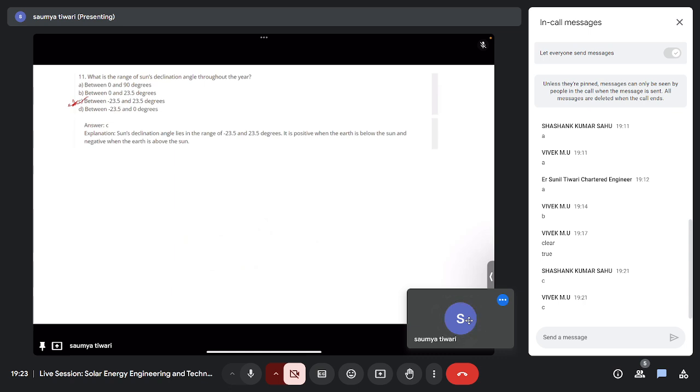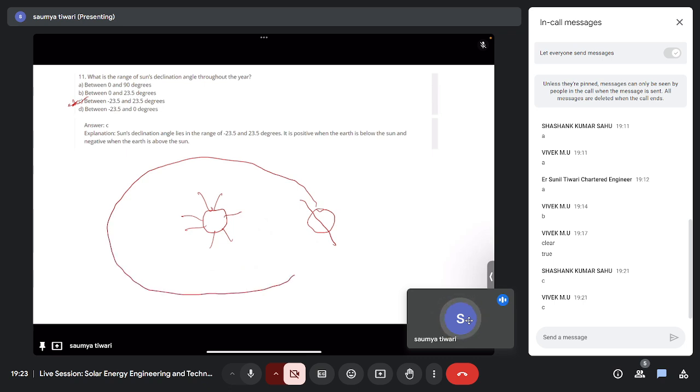So if this is the sun and this is your earth, slightly tilted on its axis, as this earth revolves around the sun, this declination angle changes, right?